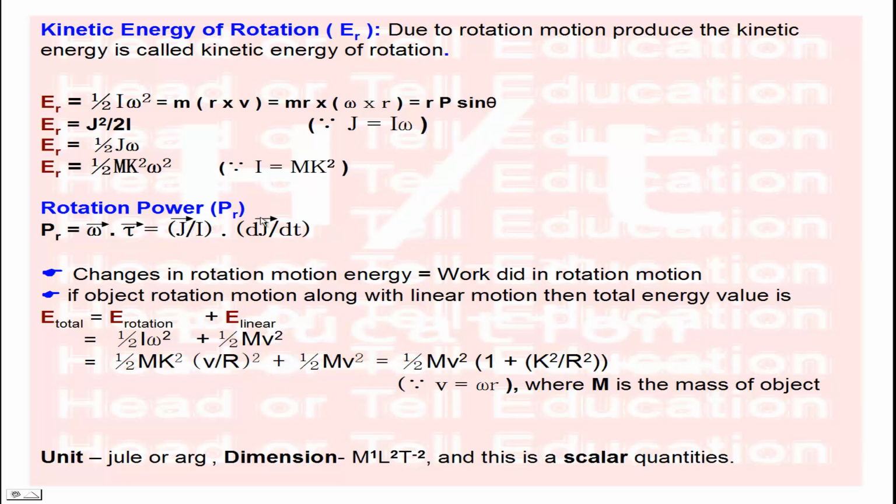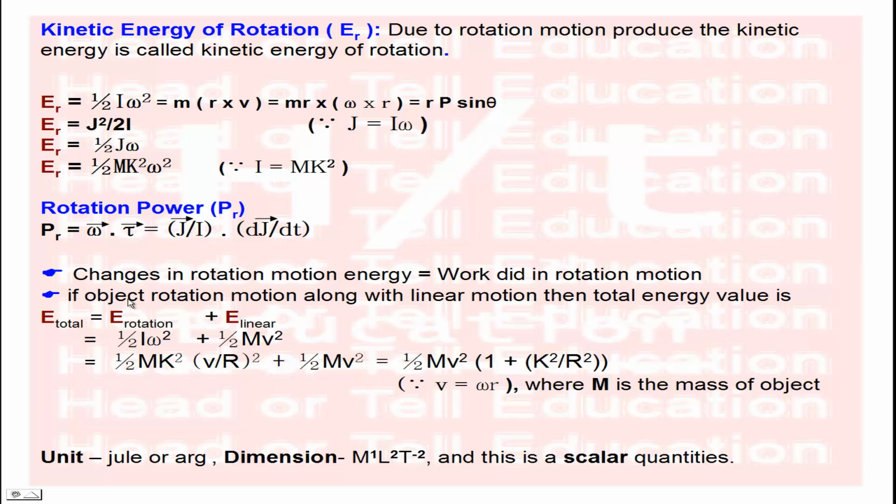Next is rotation power, PR, which equals omega multiplied by torque. The change in rotational motion energy equals the work done in rotational motion.